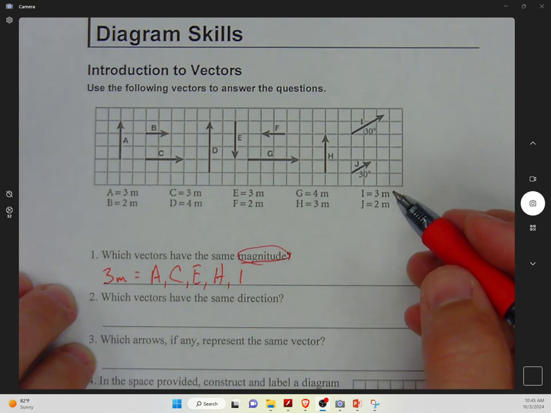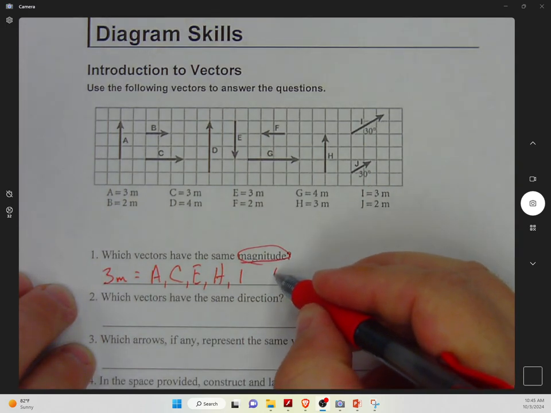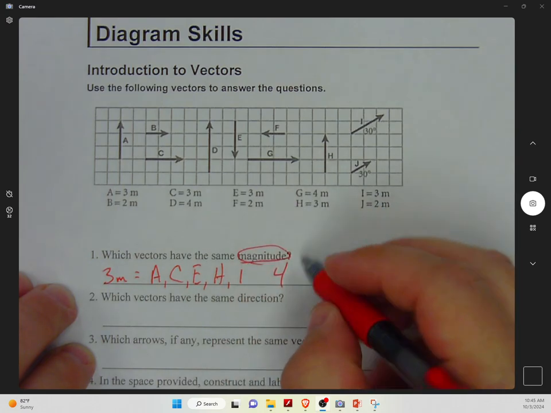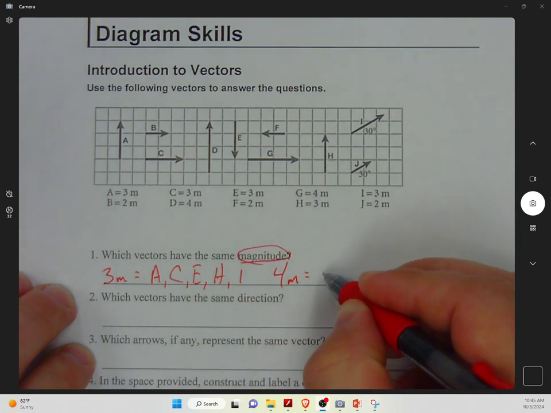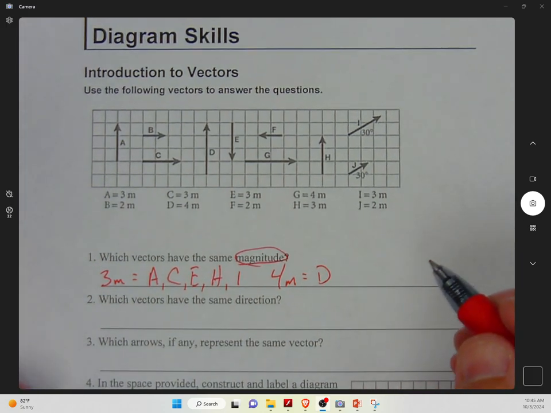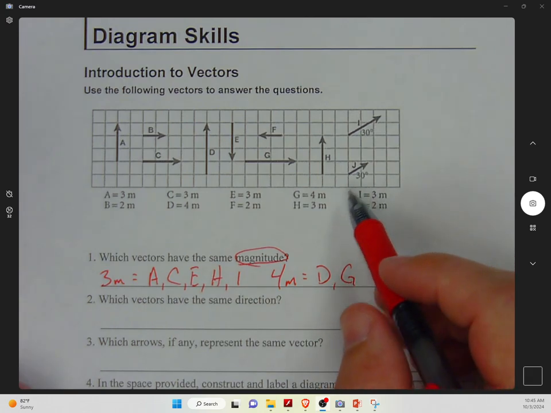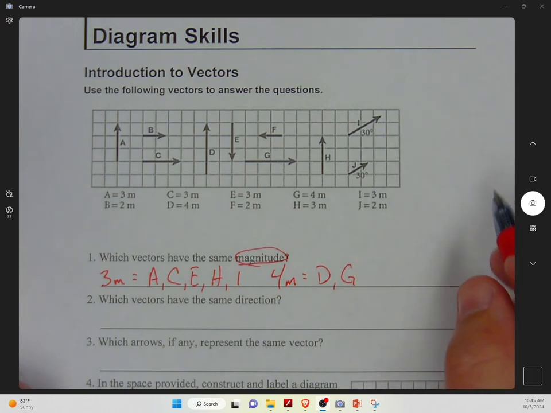Cool beans. And then, what's one I haven't got yet? I got some 4 meter ones. All right, so that would be D, G, and is that it? Okay.